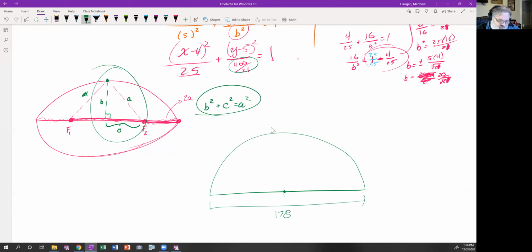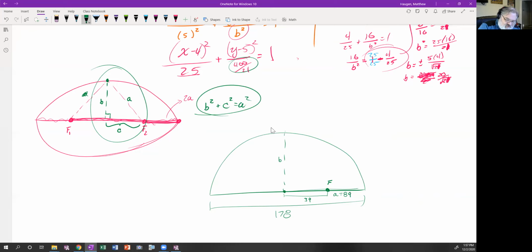So wherever the center is, that's 39 meters to each focus. We're asked to find the height. Well, that height is our B value, right? Our A value is half of 178, which is 89. That makes sense?